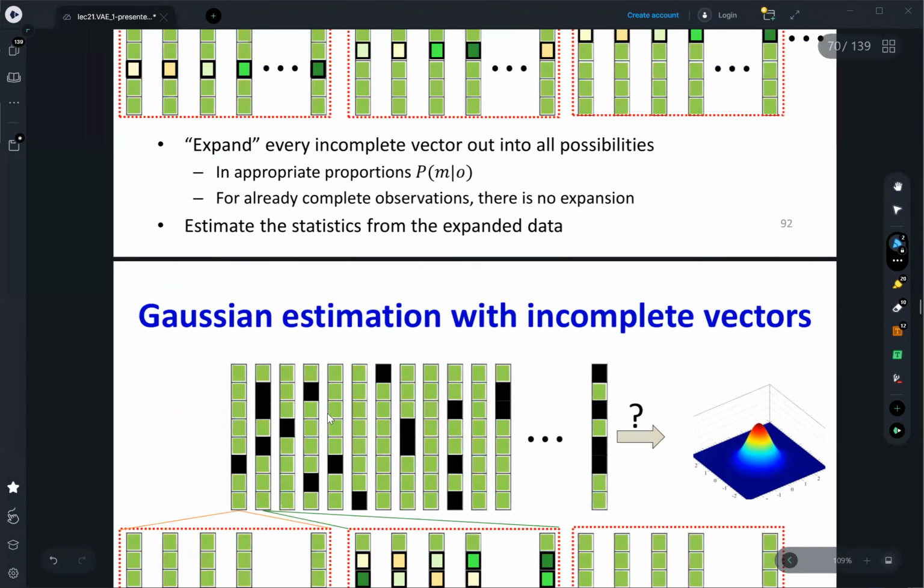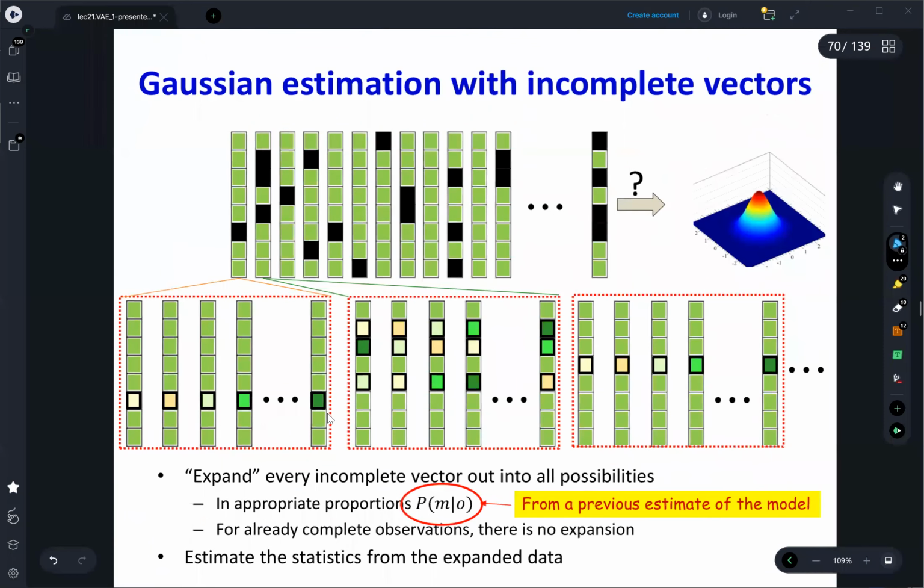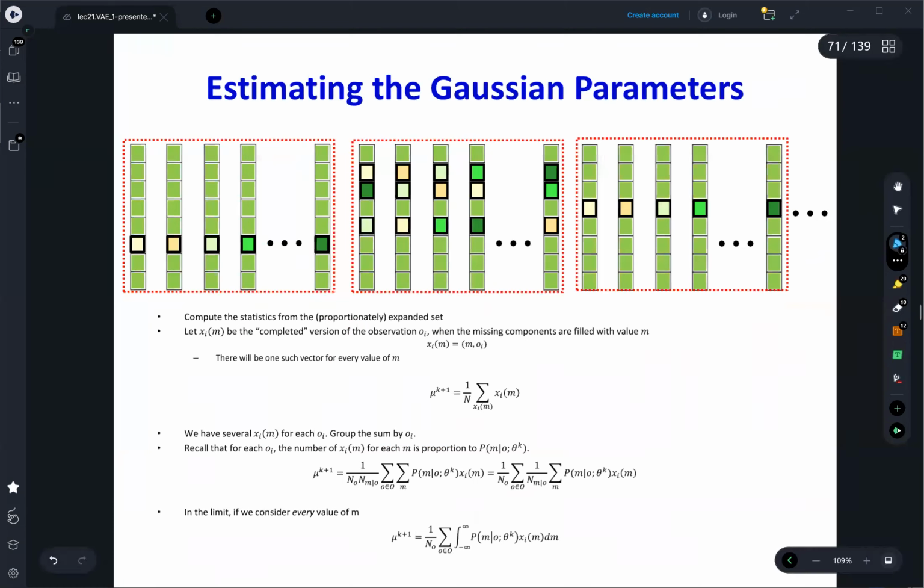And once you have completed data, you can compute your probability distribution, except where did this P of M given O that you used to fill in the data come from? That's going to come from a previous estimate of the model.